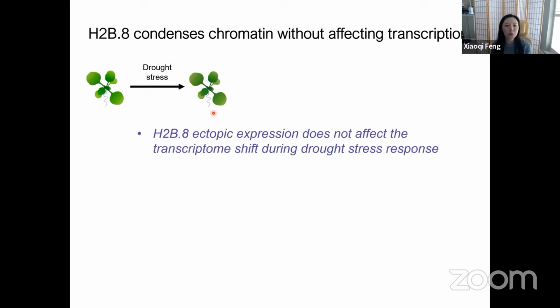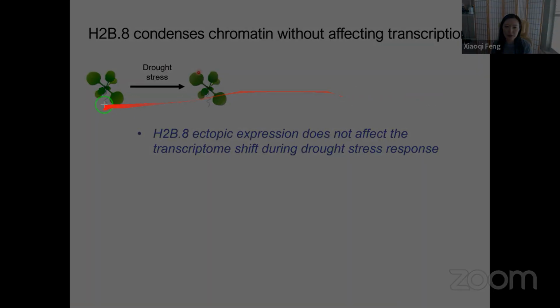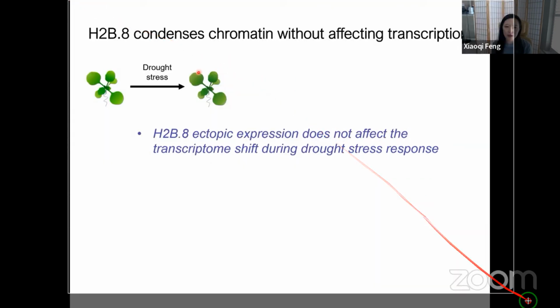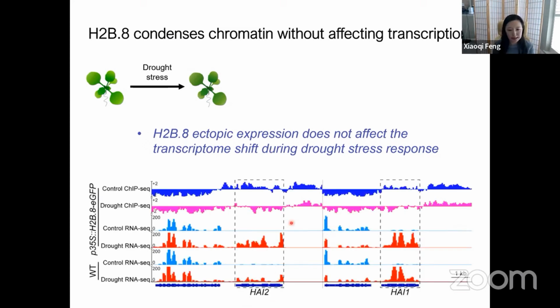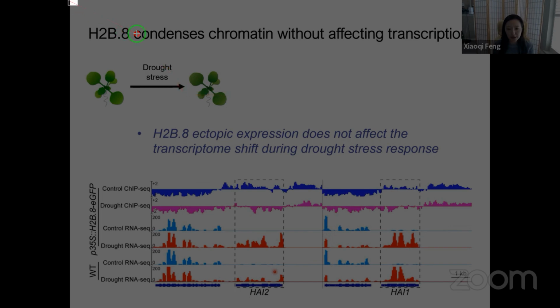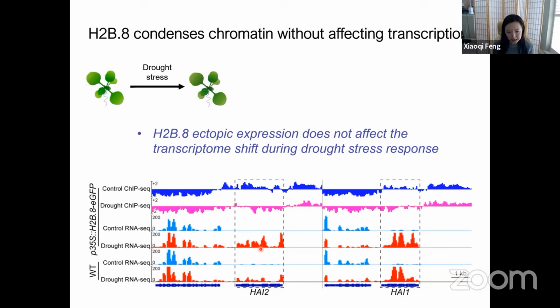And in short, we found that this ectopic expression of H2B.8 does not alter the transcriptome changes associated with drought stress. And here, I'm just going to show you two example genes that are known to be induced upon drought stress. At the bottom, these are RNA-seq tracks.